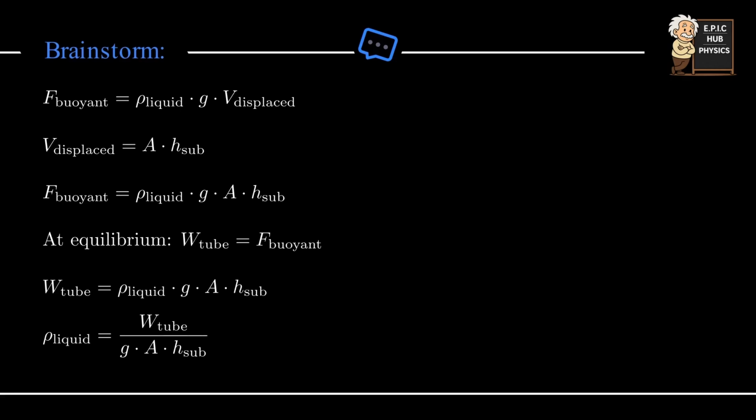Now we substitute the values given in the question. The weight of the tube is 30 newtons. g is approximately 9.81 meters per second squared. The cross-sectional area, A, is 0.012 square meters. The submerged height is 0.40 meters.